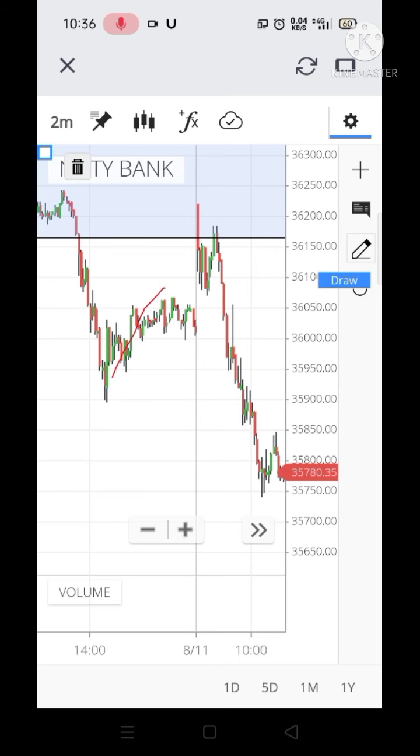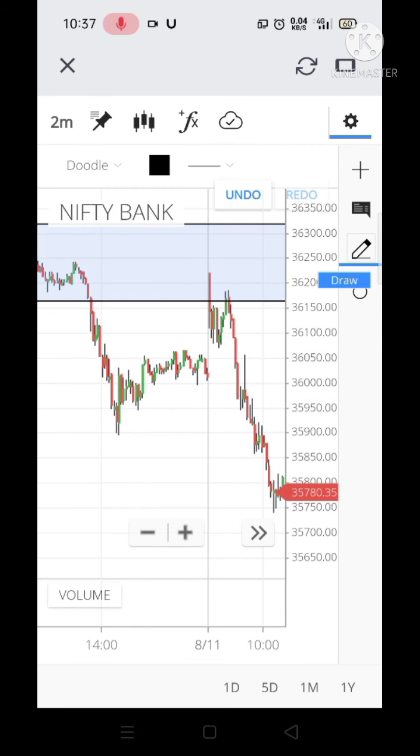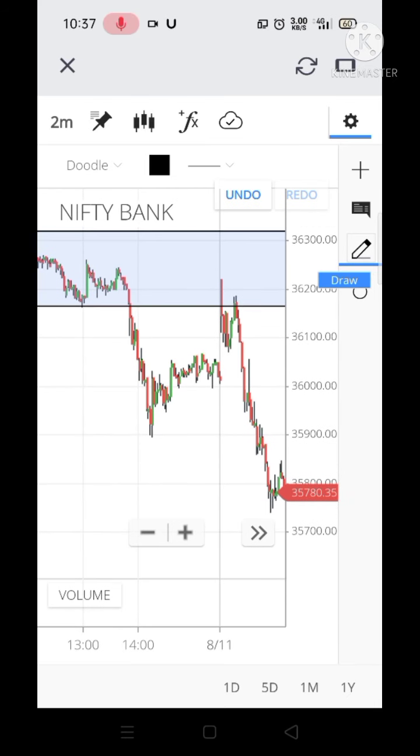If you are following me, then you may know what a flag pattern is, because the trade I took on Monday was based on a flag pattern. We call this an inverted flag because it is forming a flag-like structure. This is the pole and this is the flag.